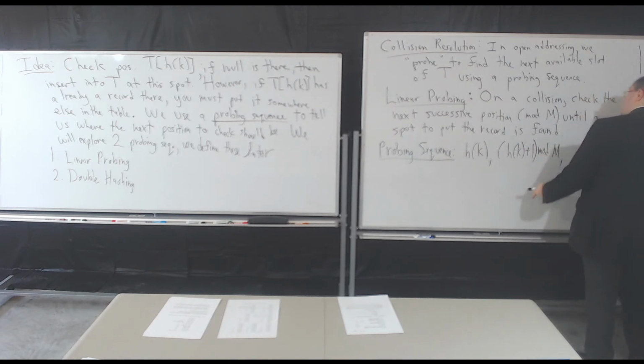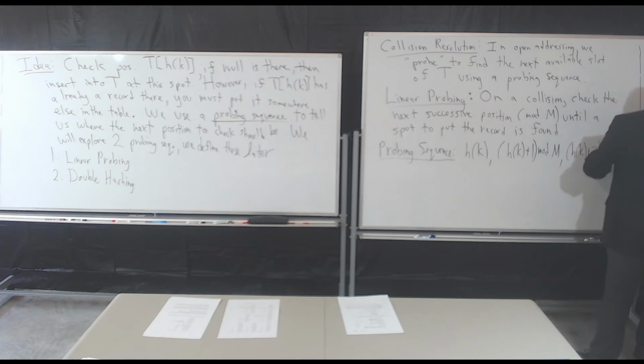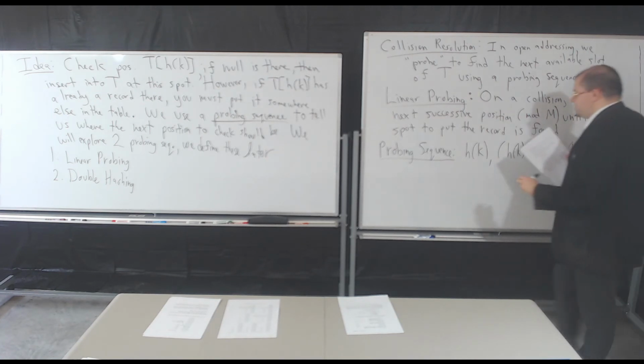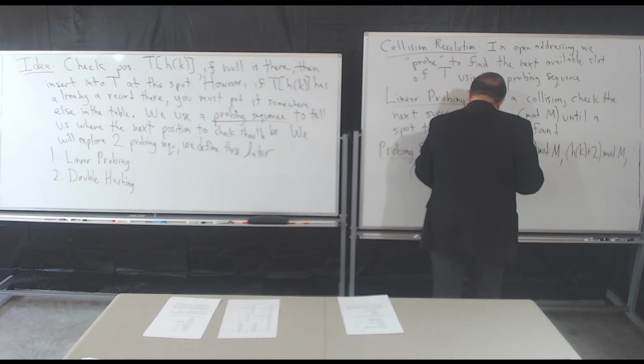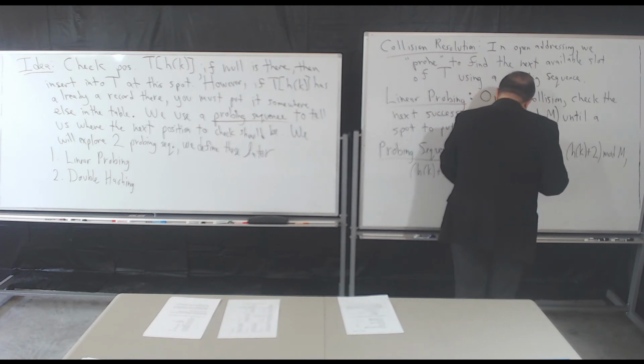If it isn't, I'm going to perform another hop. I'm going to check h of k plus 2 mod m, and so on. So you would have h of k plus 3 mod m, and so on. You do this until you've checked every entry of the table.